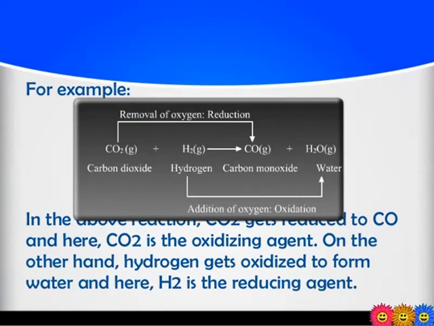Hydrogen combines with one oxygen atom to form a water molecule. Addition of oxygen results in oxidation. Hence, carbon dioxide, which is providing oxygen, is the oxidizing agent of the change. Hydrogen, which is using the oxygen, is therefore the reducing agent of the change.